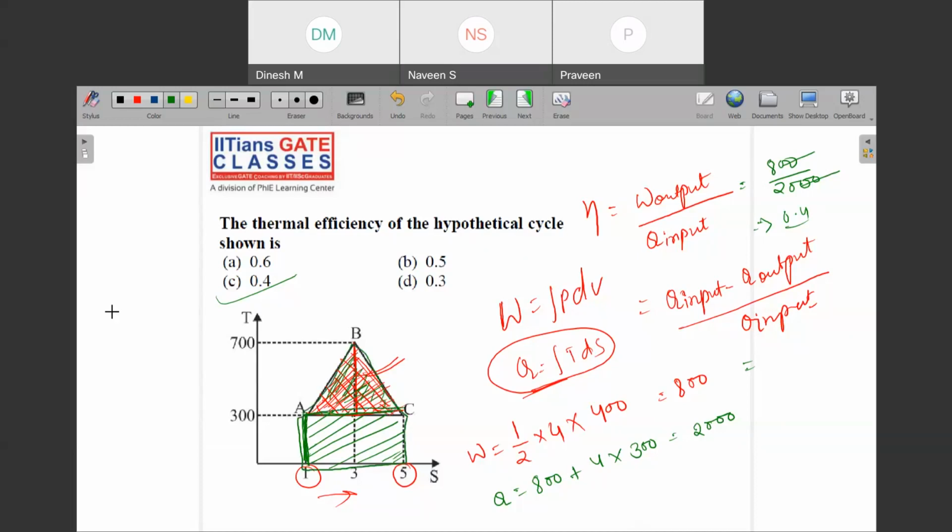So indirectly we have used the concept that the cyclic integral of Q is the cyclic integral of W. If we don't know delta W, then I will find out delta Q. Here this is the amount of heat which was supplied, and this is the amount of heat which is rejected. Okay.